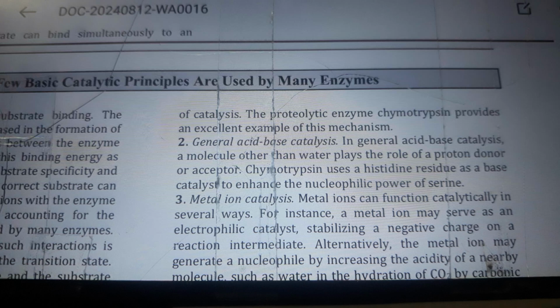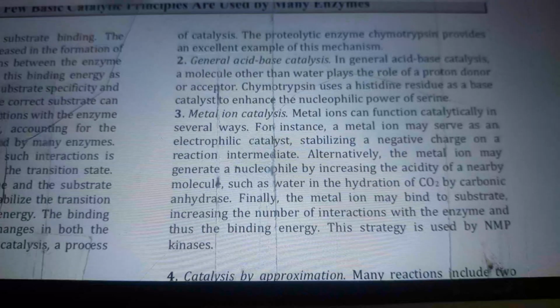The proteolytic enzyme chymotrypsin provides an excellent example of this mechanism. 2. General acid-base catalysis. In general acid-base catalysis, a molecule other than water plays the role of a proton donor or acceptor. Chymotrypsin uses a histidine residue as a base catalyst to enhance the nucleophilic power of serine.